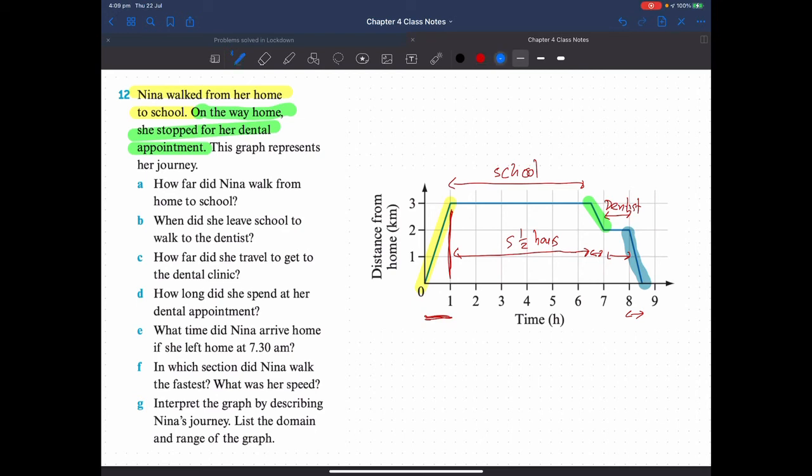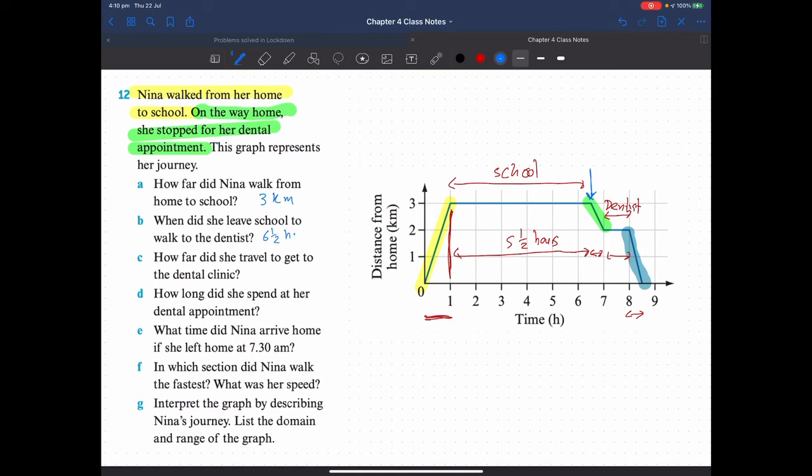How far did Nina walk from home to school? From home to school, we've put that in yellow. So she walked 3 kilometres. When did she leave school to walk to the dentist? She left school to walk to the dentist at 6.5 hours.